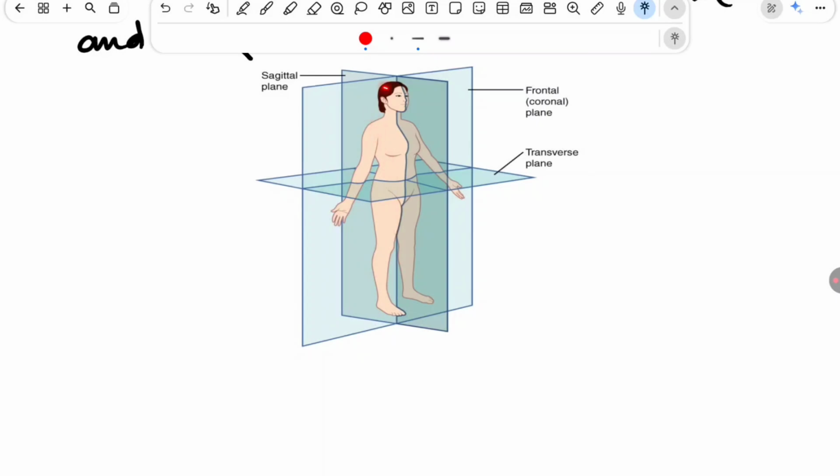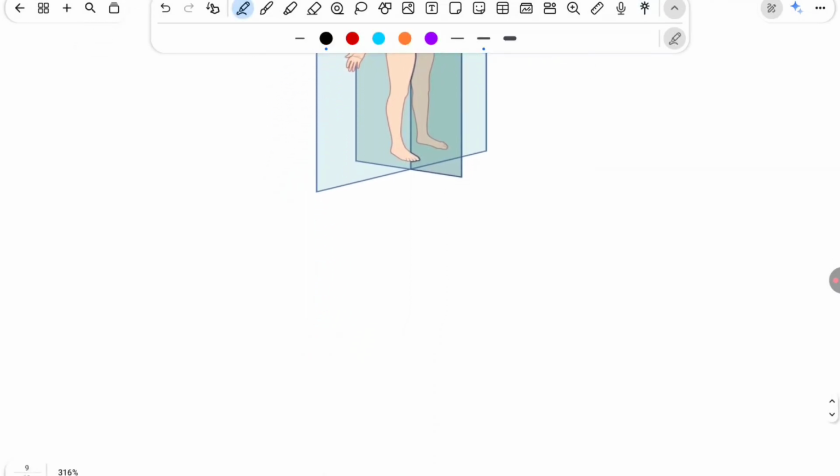And for the sagittal plane, we divide into right side and left side. And one more is there, the fourth one, the oblique plane.